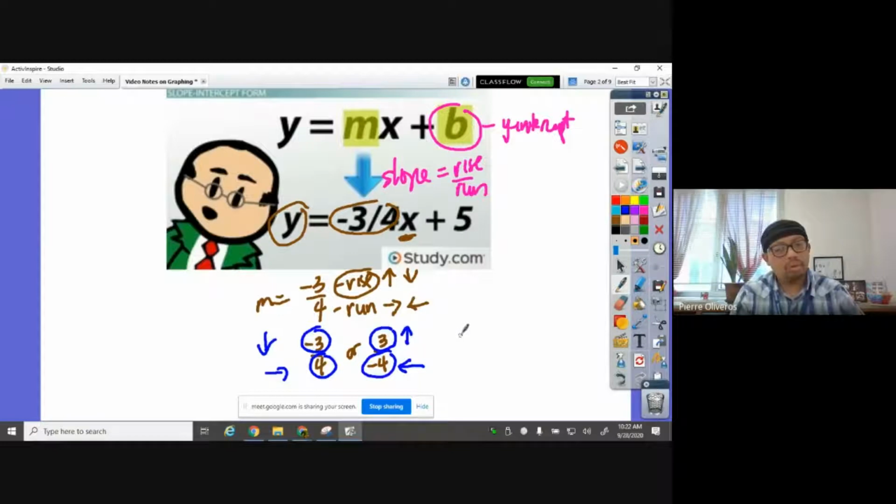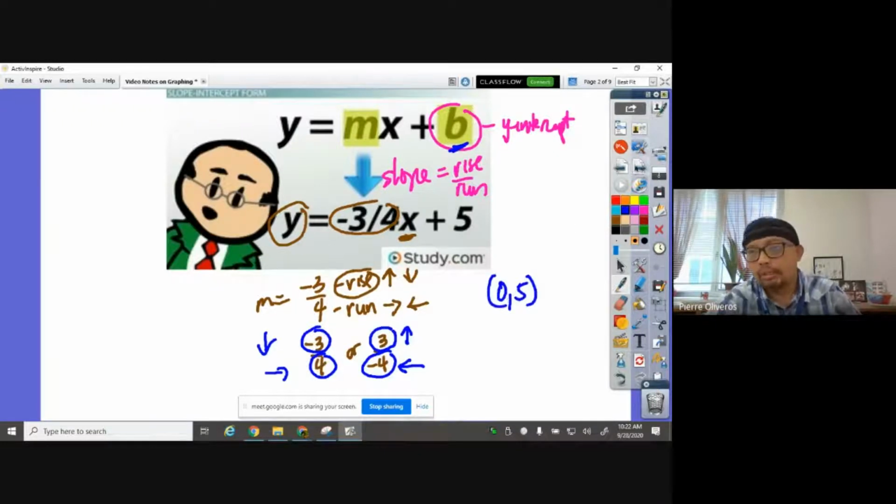The answer is no. They're gonna be the same thing. Whichever way you do it, you should still get the same direction of the line. You may get a different point, but if you connect that to your y-intercept, you will get the same line, which I will show you later on. And again, the y-intercept here is the b. In this case, it's going to be (0, 5).